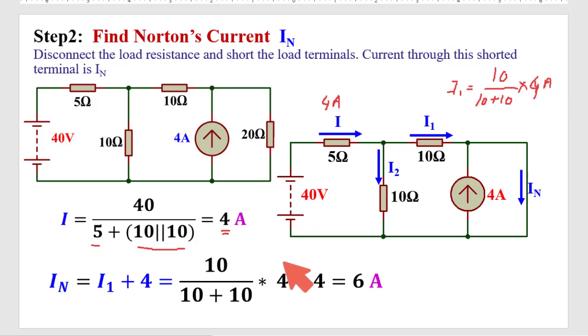So this is I1, plus this 4 ampere, which is ultimately IN. So what is the value of IN? IN is equal to 6 ampere. So I got the Norton current as 6 ampere.